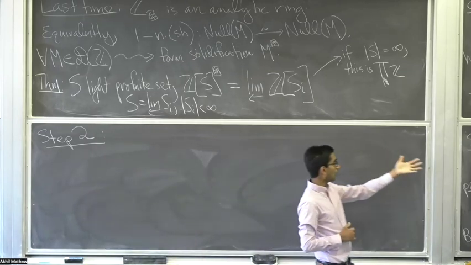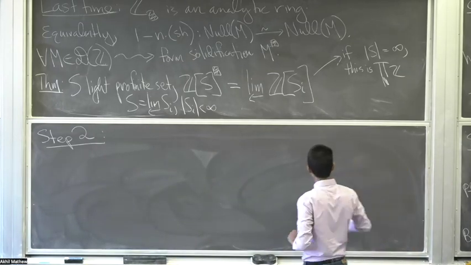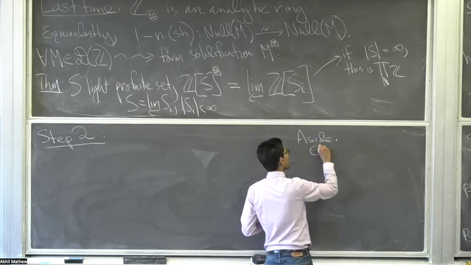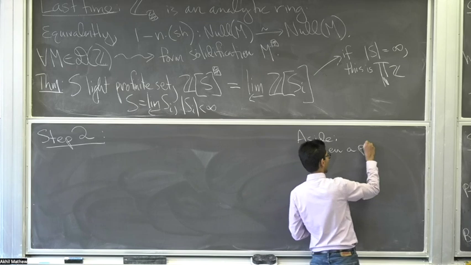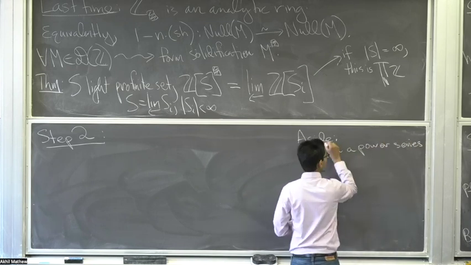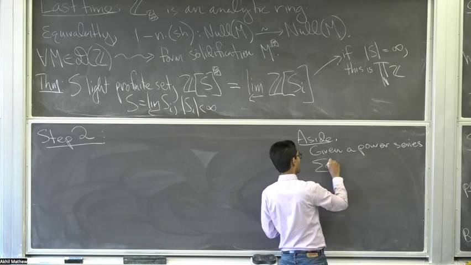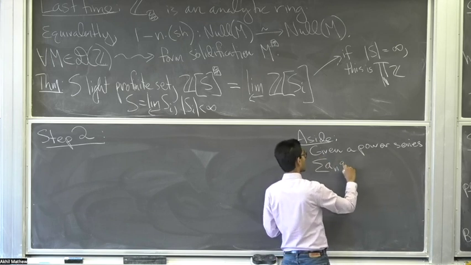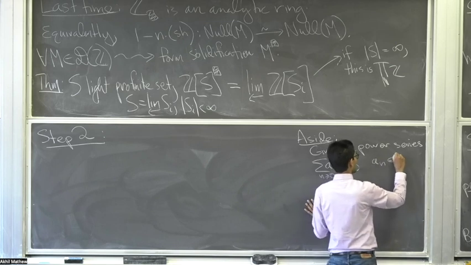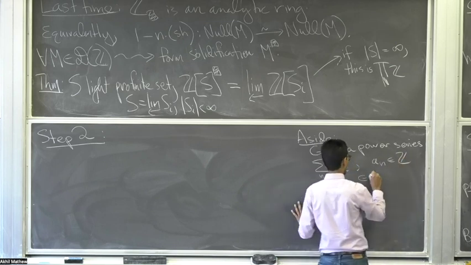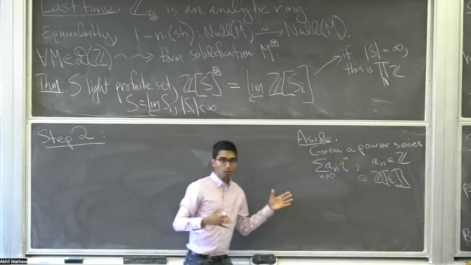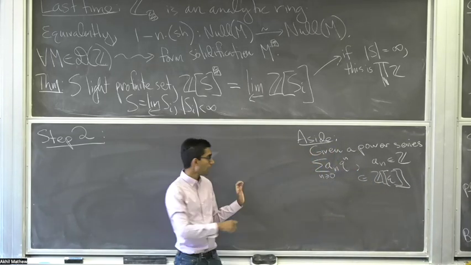So, again, sort of an aside. Given a power series, the sum of a sub n times q to the n, for n greater than or equal to 0, with a sub n in Z, so this is living in Z double brackets q, we'd like to see that it belongs to Z brackets q hat solidified.